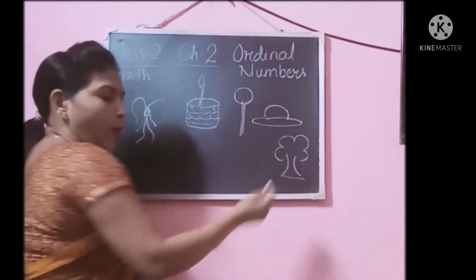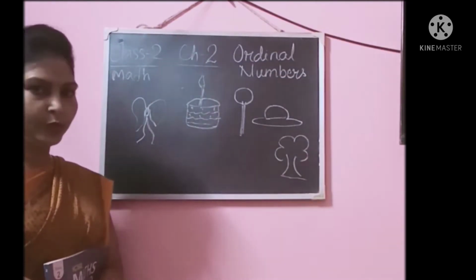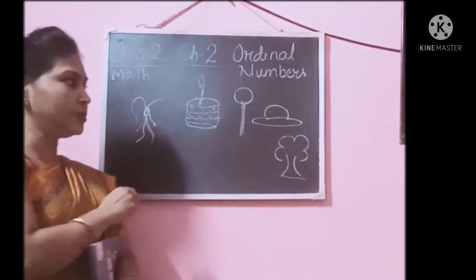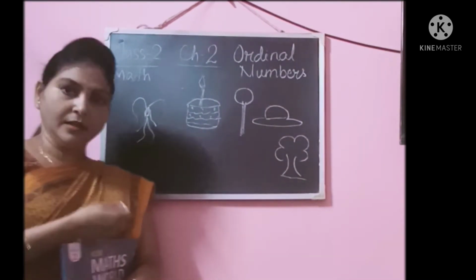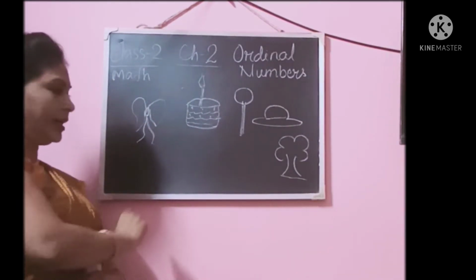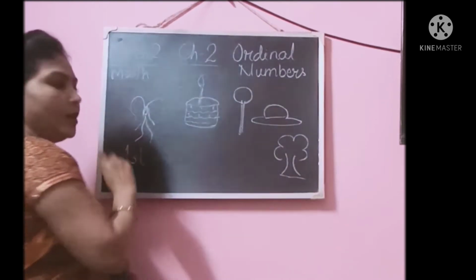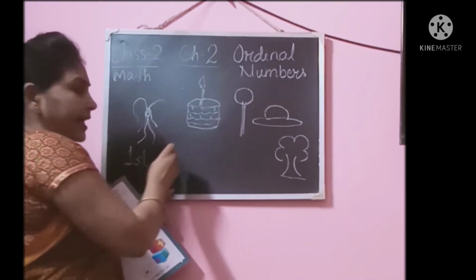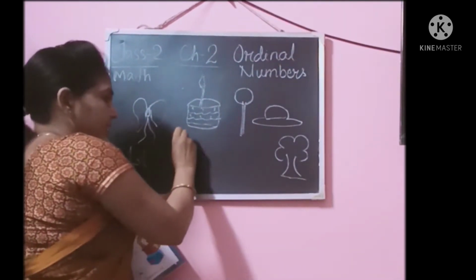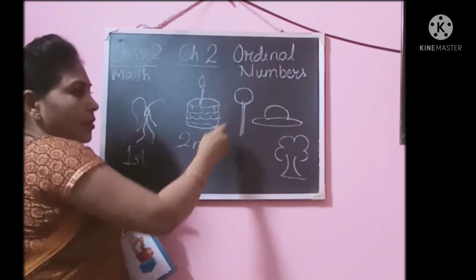Now if you want to give an order or a position to these objects, how will we give it? This bow is in the first position. Then the cake is kept in the second position. What about the lollipop? The lollipop is in the third position.